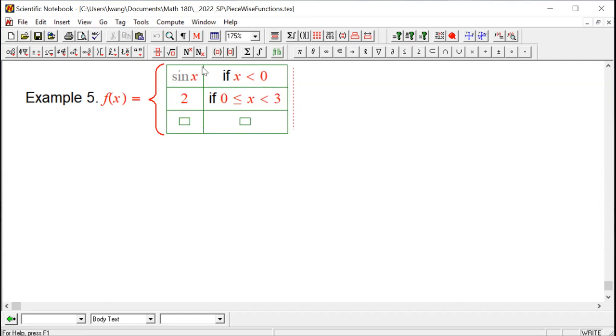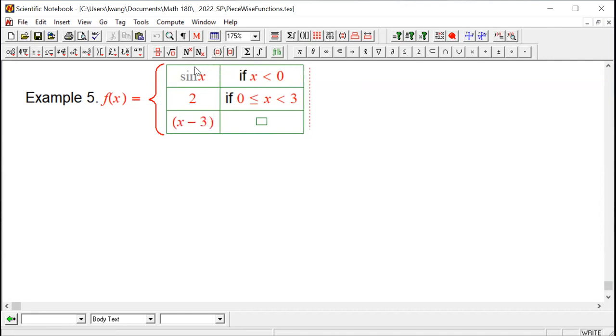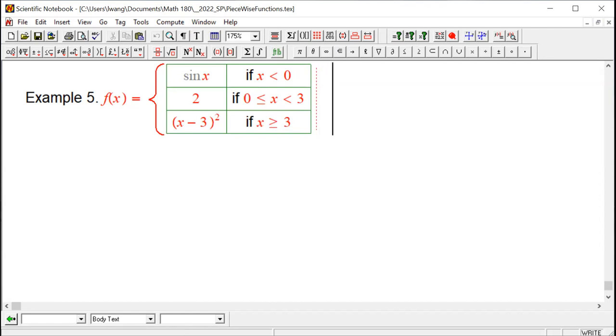The third piece is x minus 3 squared, if x is larger than or equal to 3. All real numbers are covered, so the domain is no question. The domain is all real numbers, negative infinity to positive infinity.